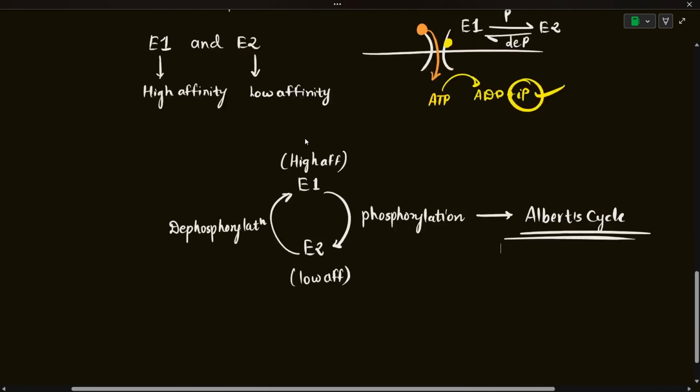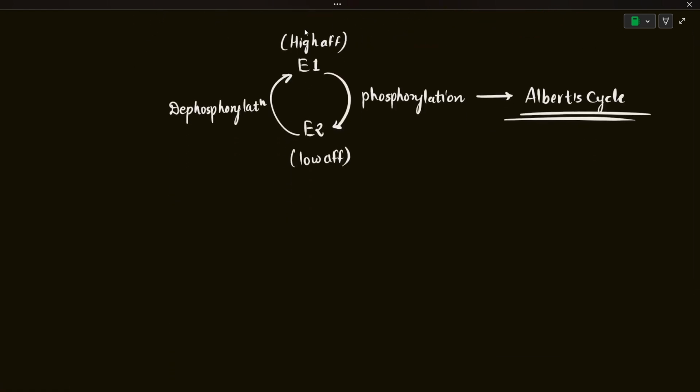So the very famous example of P-type ATPase is the one which we have discussed in neurobiology, the sodium potassium ATPase. So what does sodium potassium ATPase do? We have already discussed it. Let me just summarize it here for you.